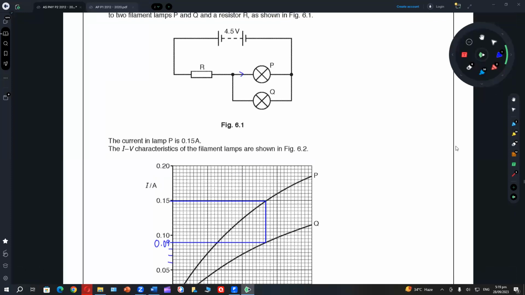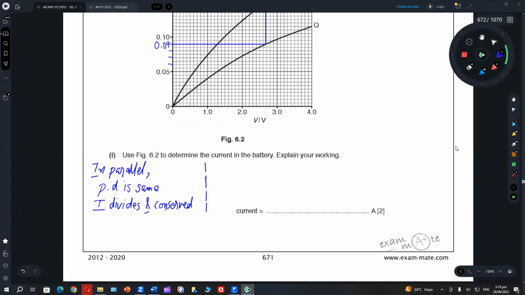So P is having 0.15 and Q is having 0.09. And they want the total current from the battery. There is no internal resistance, so the total current will be 0.09 plus 0.15.